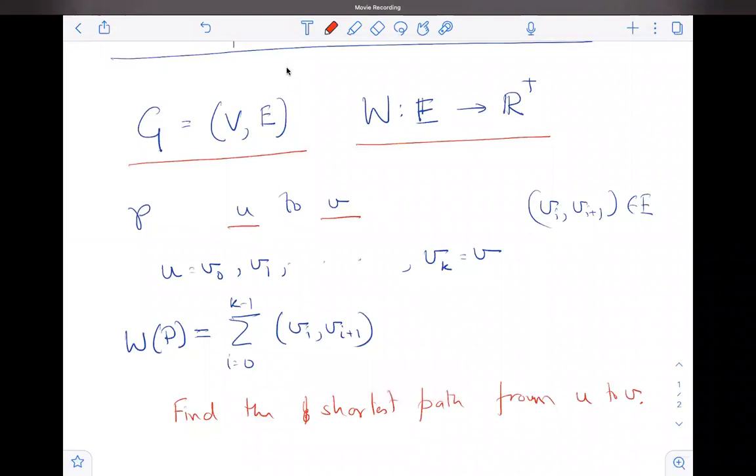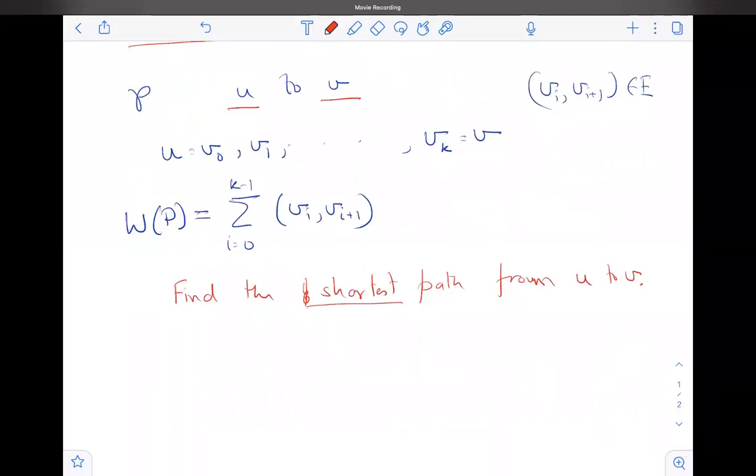Sir, here shortest path means minimum weight path? Yeah. So among the set of all paths that connect U to V, it is the minimum path length, the weight of the path P from U to V. The minimum of this.